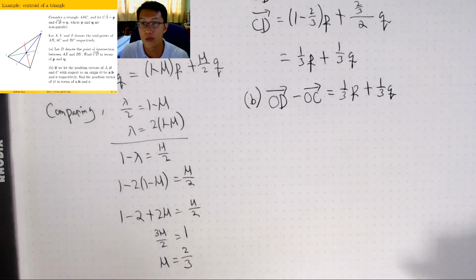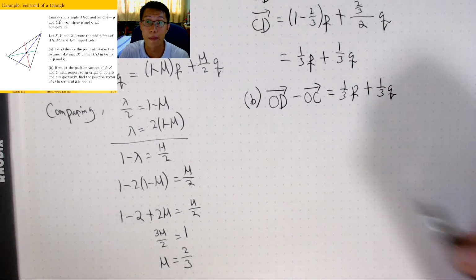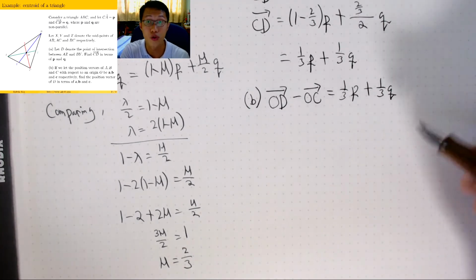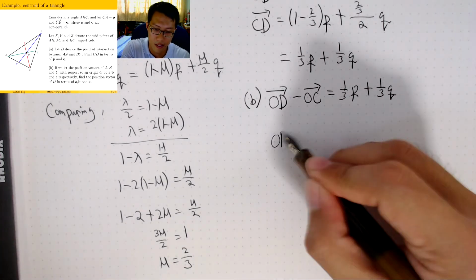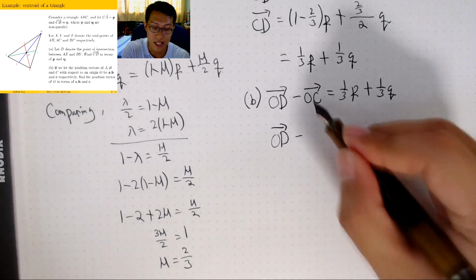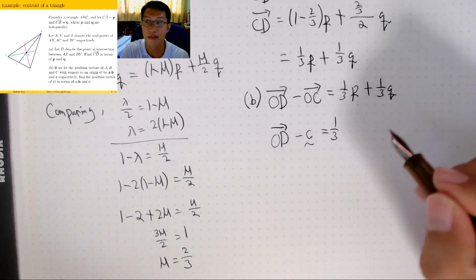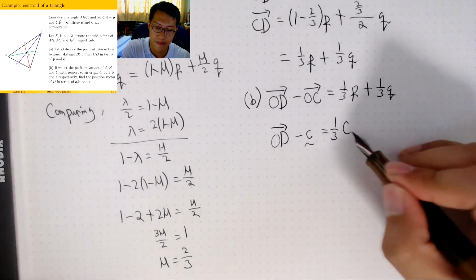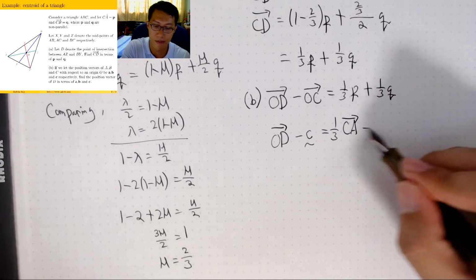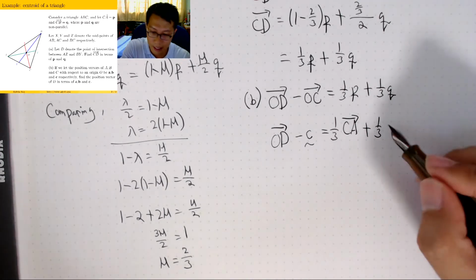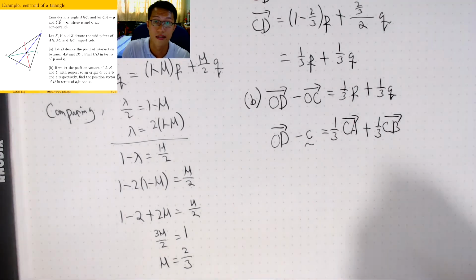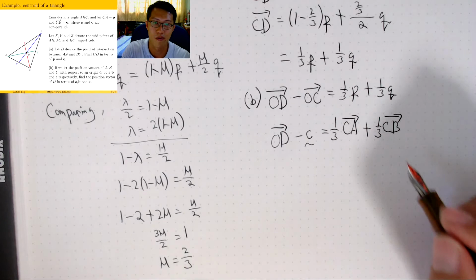For this part of the question, we want to express everything in terms of A, B, and C. So we need to figure out what P and Q are. So let's simplify. OD minus OC equals 1/3 P, where P is given by CA, and Q is given by CB. As I mentioned earlier, the position vector formula is really useful.